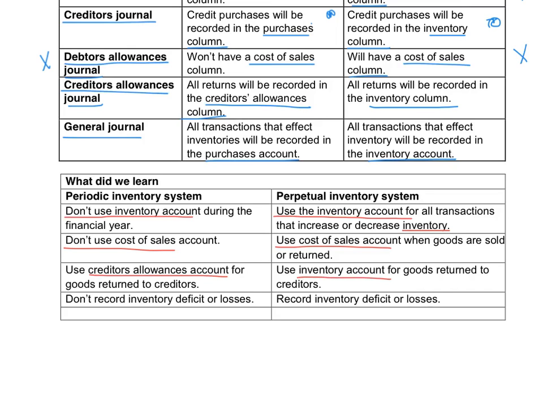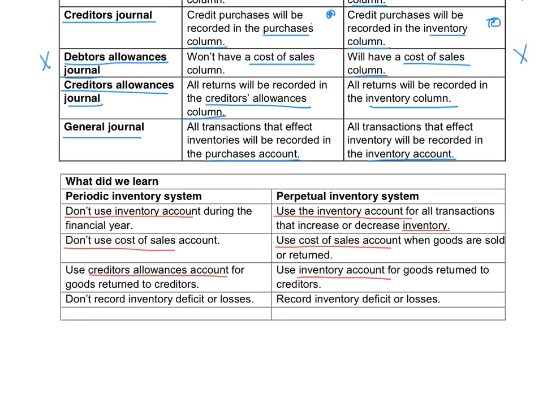Both methods have a creditors allowances journal, but the ledger account for the periodic system will be the creditors allowances account that will actually reduce your purchases. And in the perpetual system, you will use your inventory account to show that the total amount of inventory in the business decreased.